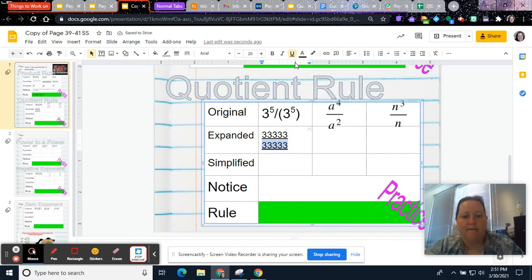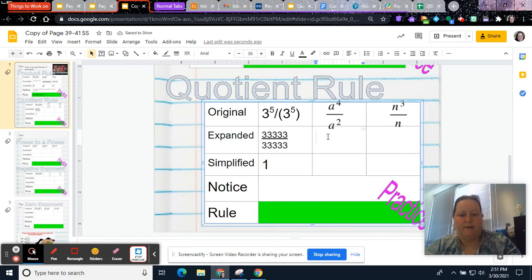Now remember, every time you have the same thing on top of each other, it equals 1. So 3 divided by 3 is 1, 3 divided by 3 is 1, 3 divided by 3 is 1, 3 divided by 3 is 1, 3 divided by 3 is 1. So the only thing you have left in that one is 1. All of those 3's canceled.